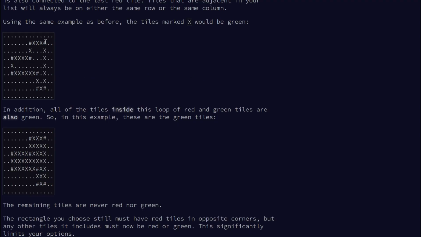And so we could, I guess, query all of the perimeter cells in our proposed rectangle. Ask each, hey, which side of you is not part of the shape? And then look at what is on that side of it. And if it's a red or a green cell, then fine.